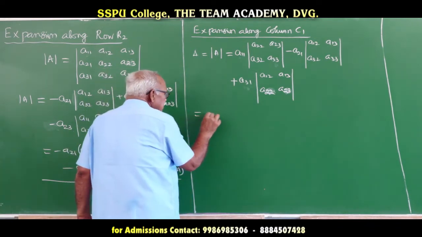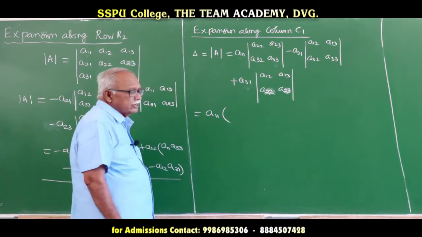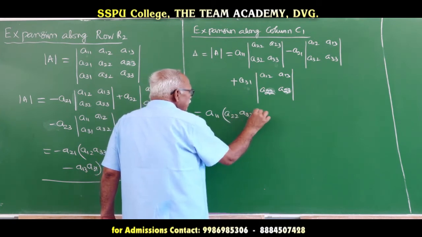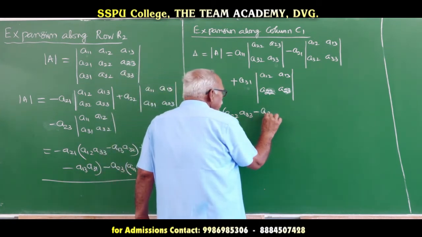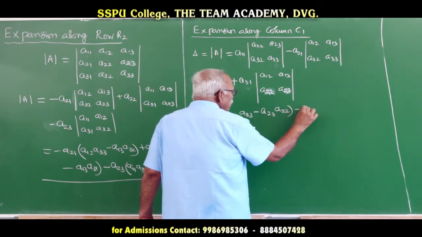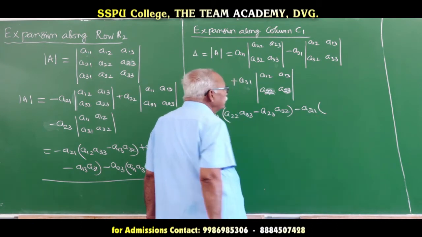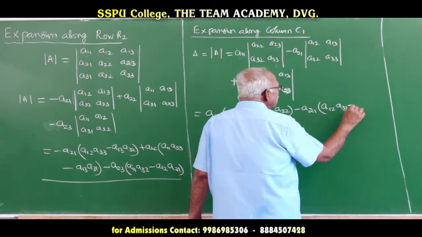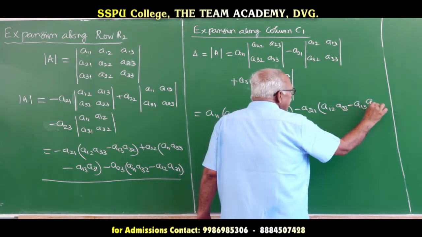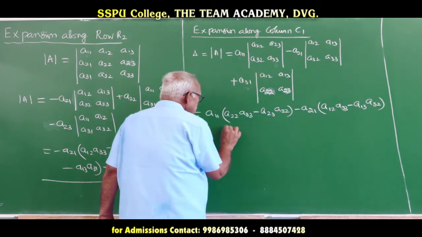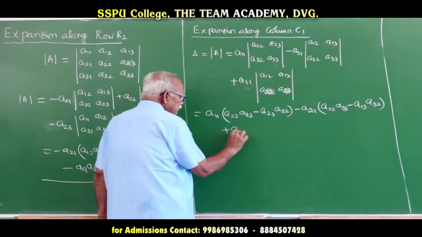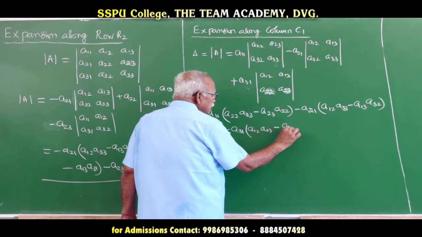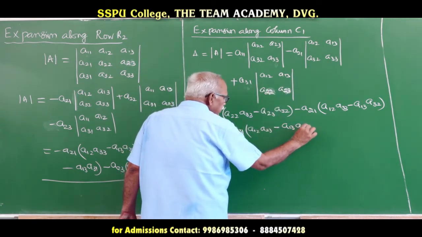Now, A11 into multiply these two elements: A22 A33 minus A23 A32, minus A21 into A12 A33 minus A13 A32, then last plus A31 into A12 A23 minus A13 A22.